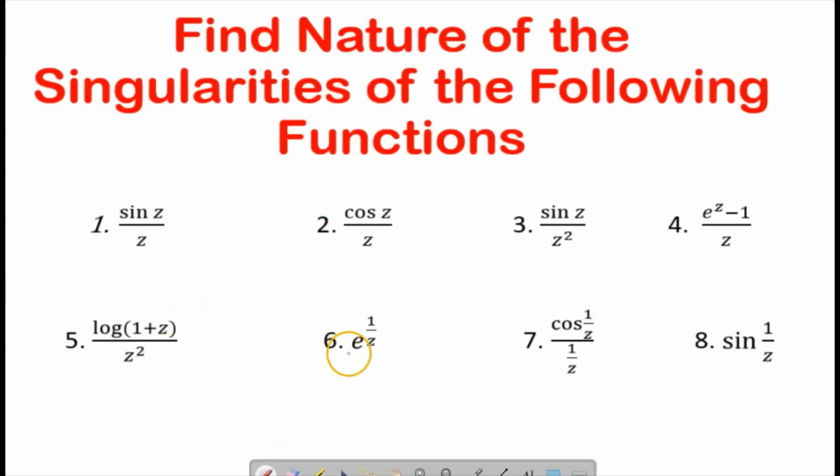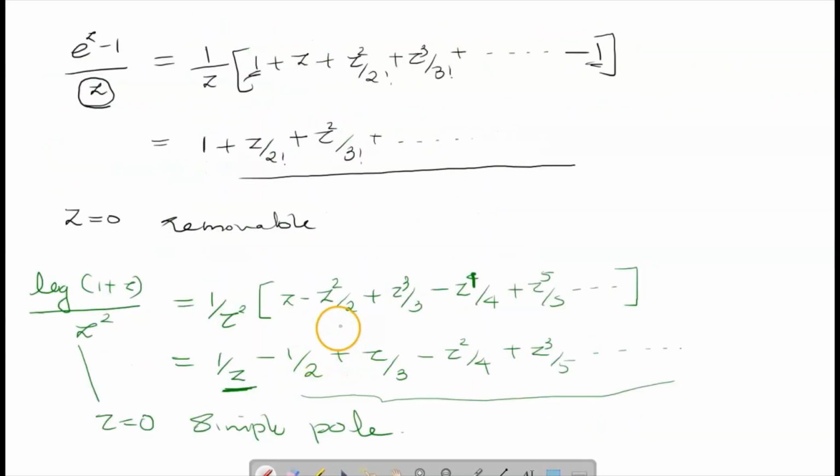Now, the sixth function is e raised to 1 by z. Let's expand the function e raised to 1 by z.